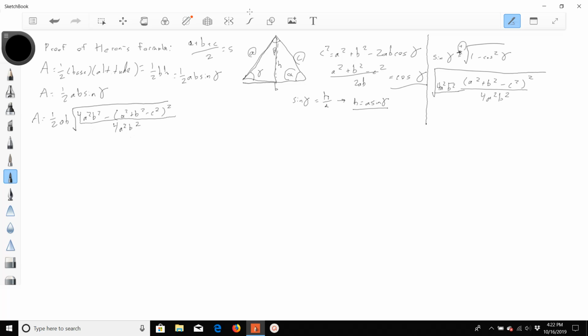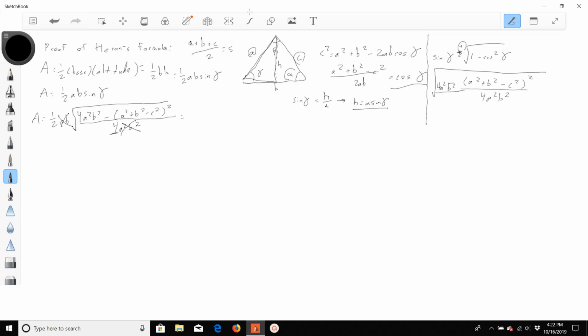Now realize the square root of 4a squared b squared is 2ab. So this ab and then this square root of a squared b squared are going to cancel out, because when you take the square root, you're going to get ab on the denominator and then ab on the numerator here. And then the square root of this 4 will be a 2.